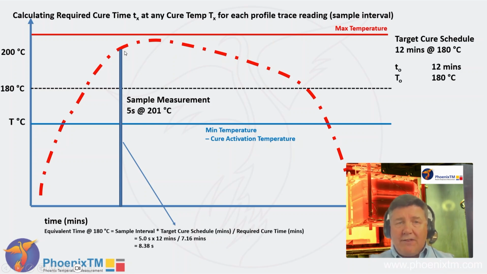We've just done that for one sample interval measured from the Phoenix data logger from our profile graph. We can then repeat that process for the whole of the profile, converting each and every different 5 seconds at a temperature to an equivalent time at 180.